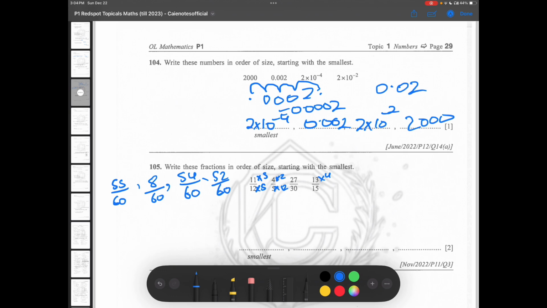So now in these four numbers, the fraction with the greatest numerator will be greatest and the fraction with the smallest numerator will be smallest when they have the same denominator. The smallest one is 8 upon 60. So this was 4 into 12, so this is basically 48. Yeah, I made a silly mistake. I had to multiply 4 with 12.